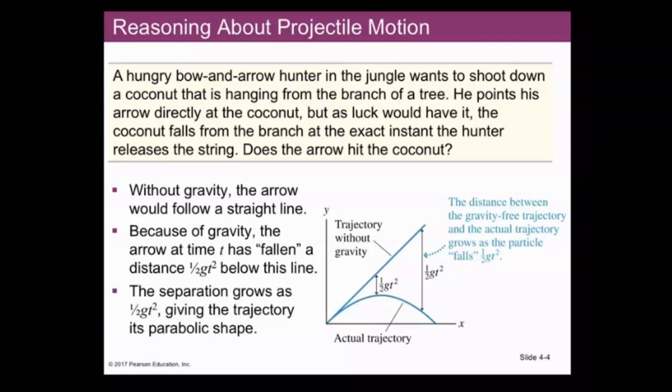Well, our reasoning goes as follows. Without gravity, the arrow would follow a straight line. Its kinematic equation would be y final is equal to y initial plus v initial in the y direction times delta t.